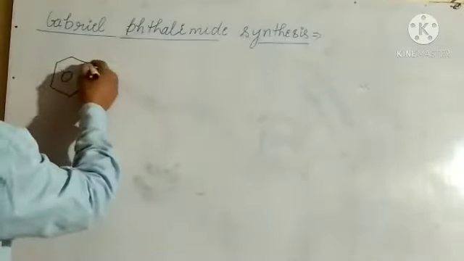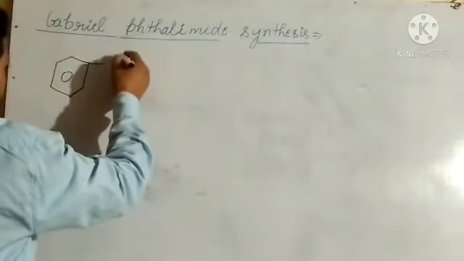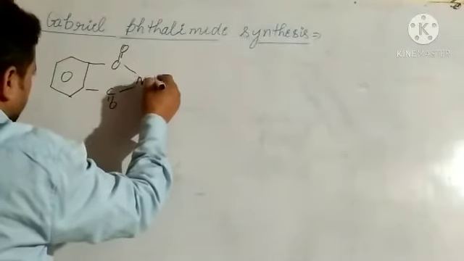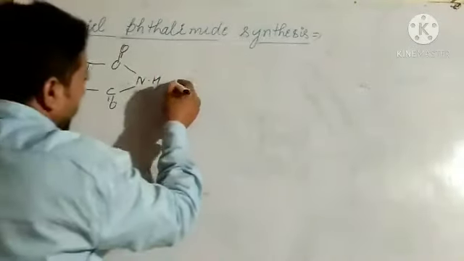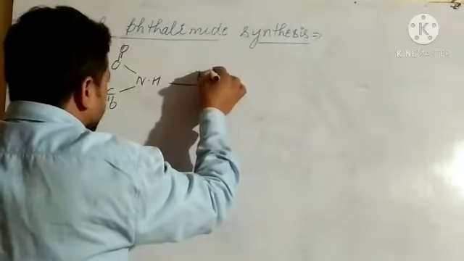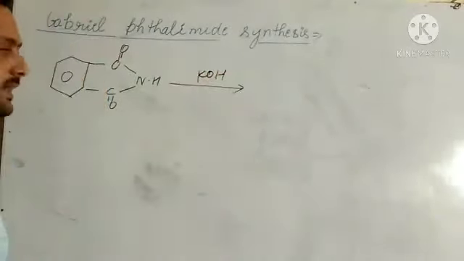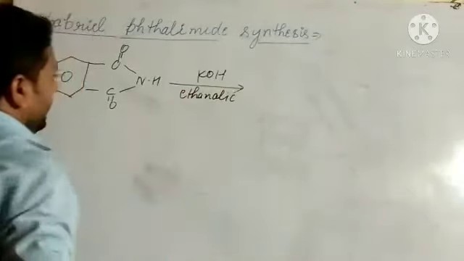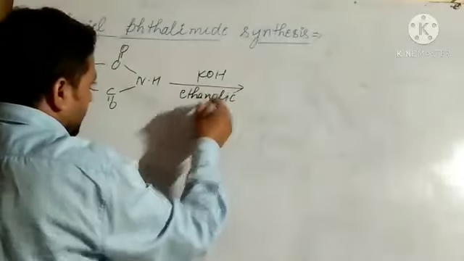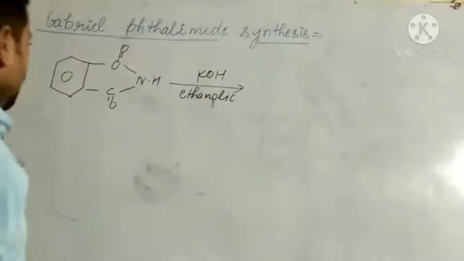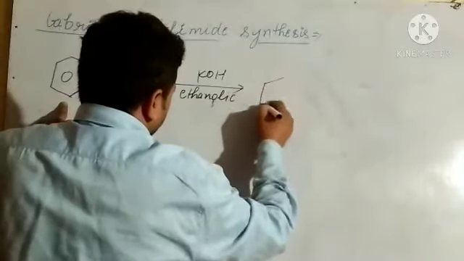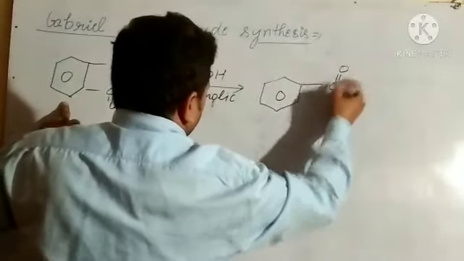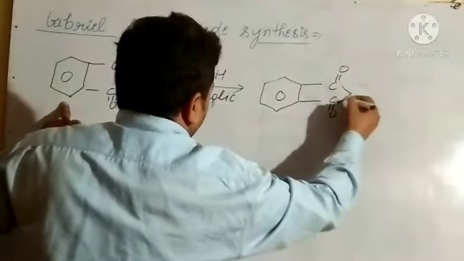So this is phthalimide. This phthalimide reacts with ethanolic KOH, and it forms a salt like this.